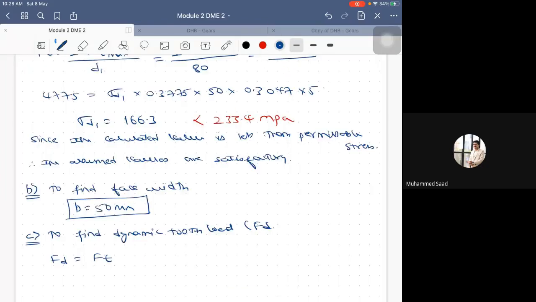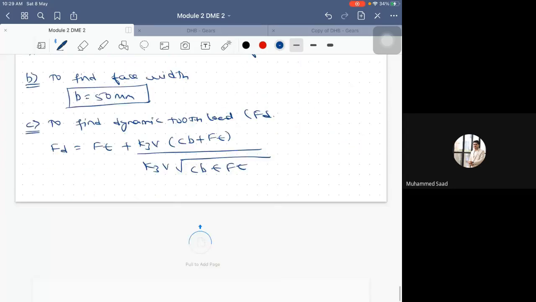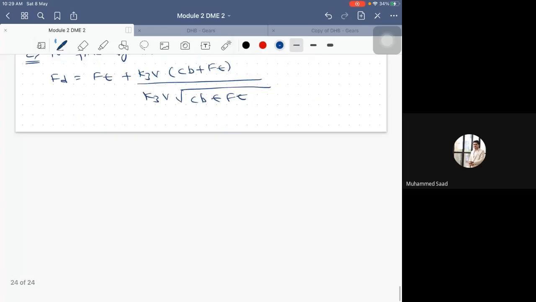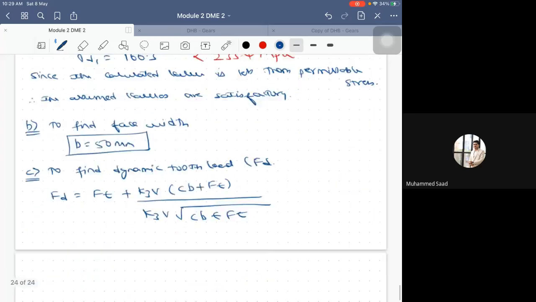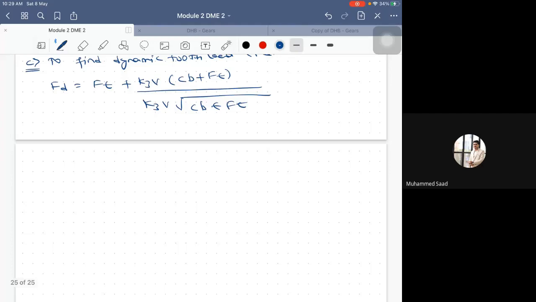So FD equals FT plus K3V into (CB plus FT), divided by K3V plus the square root of (CB plus FT). In this, the K3 value is fixed, that is 20.67 for all the problems.